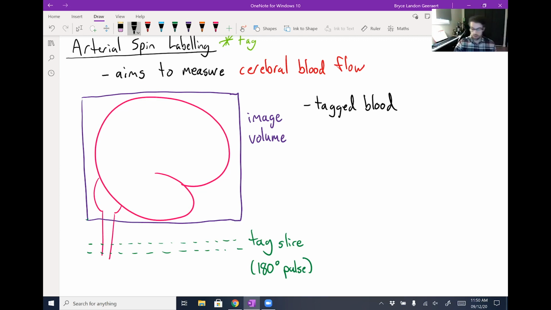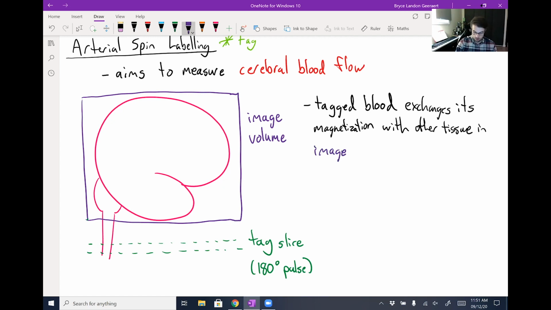And then once the tagged blood is in our imaging volume, or really anywhere, but the effects are of interest in our imaging volume, this tagged blood exchanges its magnetization with other tissue in our imaging volume.